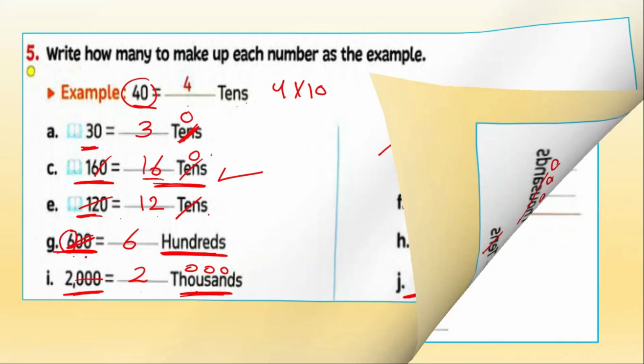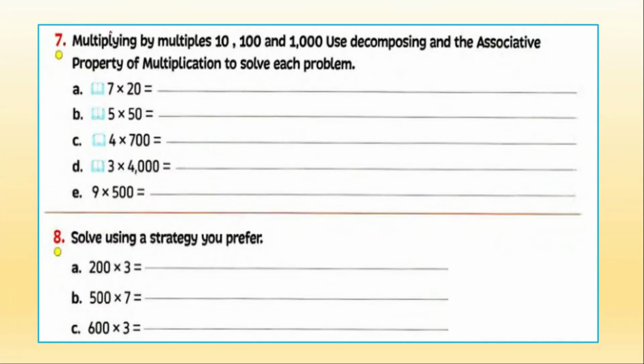Got it? Another example. Multiply by multiples of 10, 100 and 1000. Use decomposing and the associative property of multiplication to solve each problem. It's the same question we solved a while ago, we will decompose and use associative.